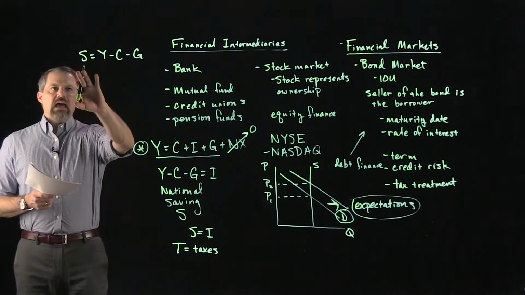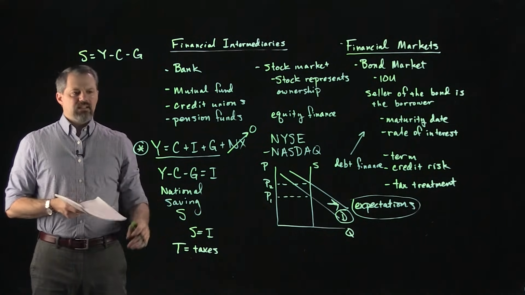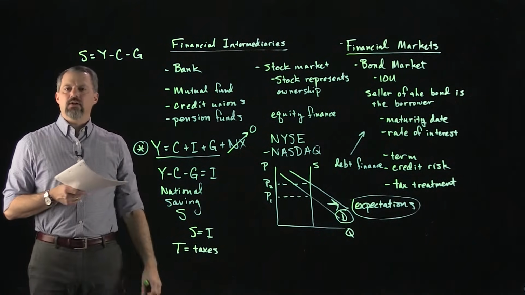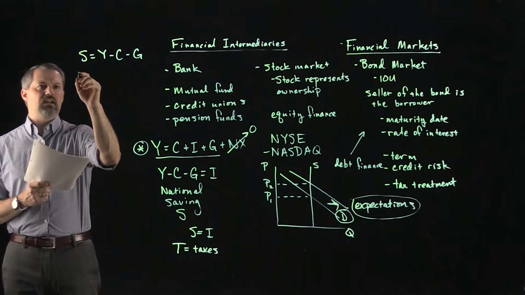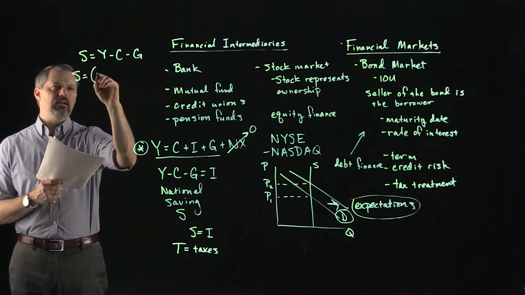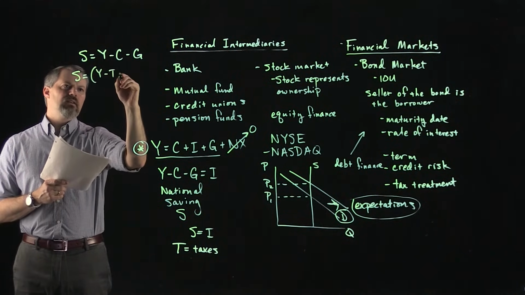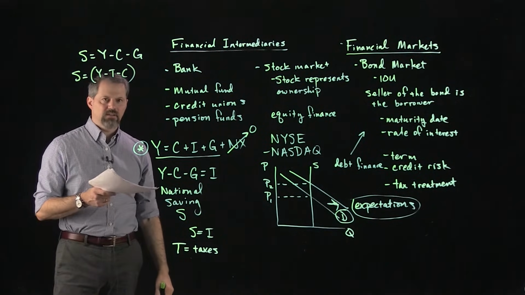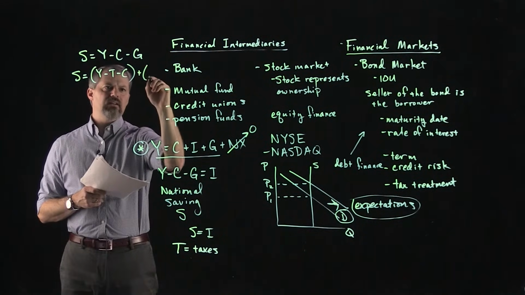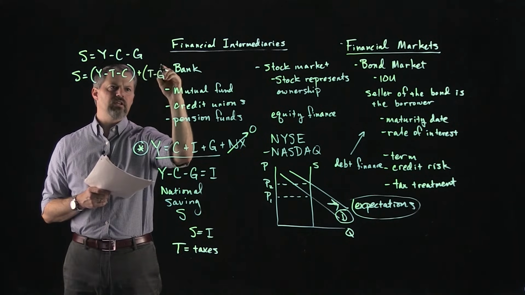I'm going to add a T, I'm going to subtract a T, I'm going to do some algebra on this that's going to make it look different, but it's not really going to change anything. I can kind of group some things. I can say Y minus T minus C. I'm going to put that in one set of parentheses. And then I'm going to add T minus G over here.